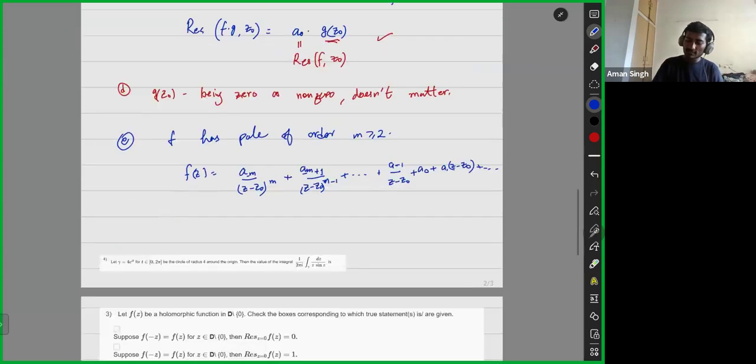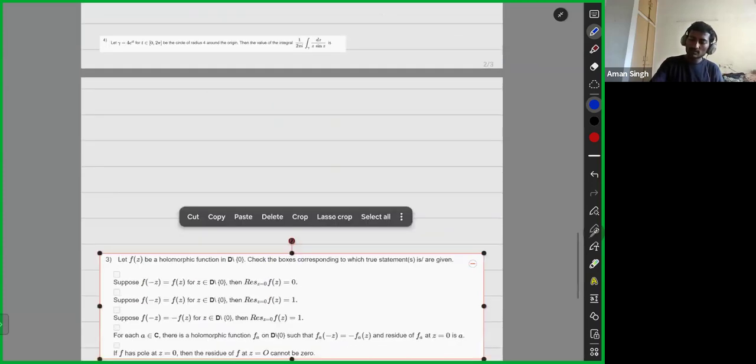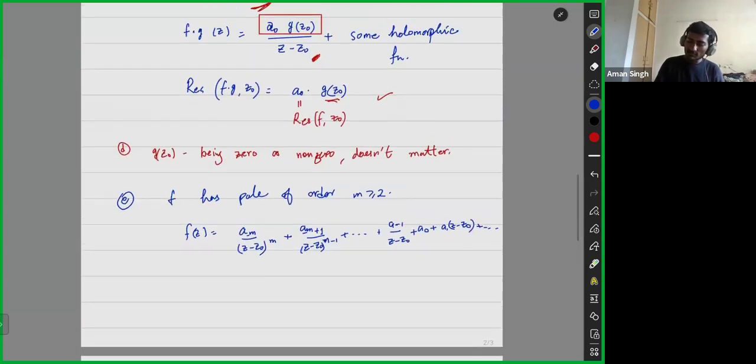Okay, f looks like this. Now what happens to f into g?